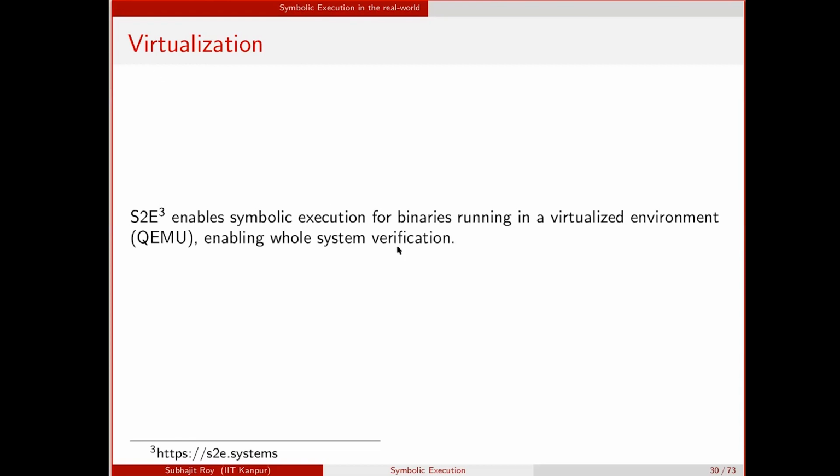Essentially you can run the execution in a virtualized environment, maybe something like QEMU, and then do symbolic execution on the whole virtual environment. You can think of the whole virtual environment, including the operating system, as one program, and drive symbolic execution through the whole system. It's symbolic execution at a very large scale, but people have done it. There is this very cool tool called S2E, which is able to do such things.